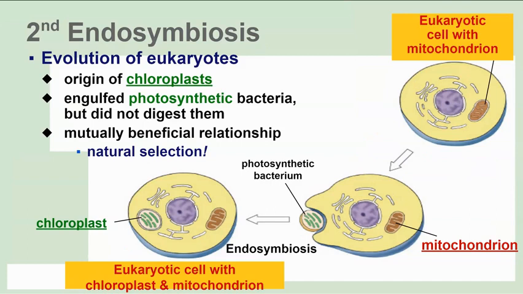And the reason scientists are reasonably sure that mitochondria came first and chloroplasts second is that almost all cells have mitochondria, but only plant cells have chloroplasts.